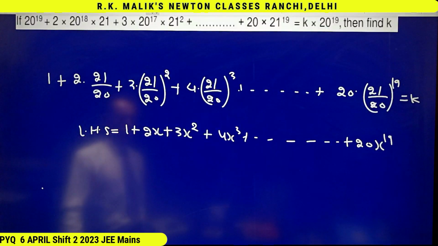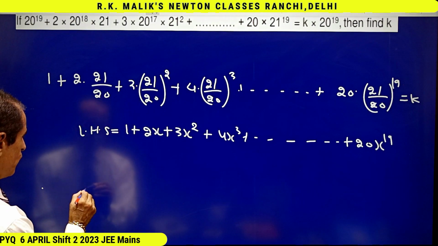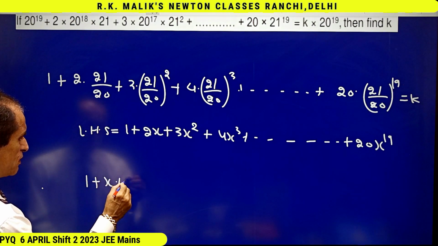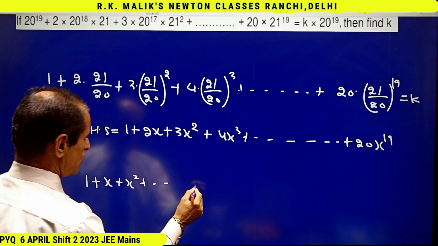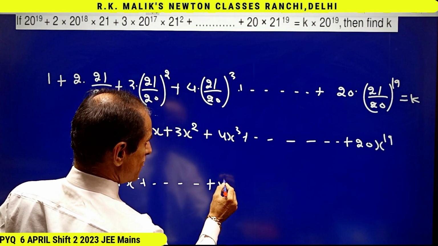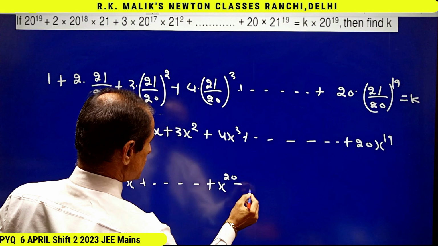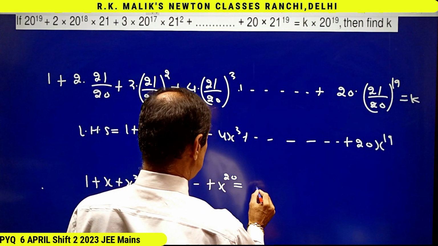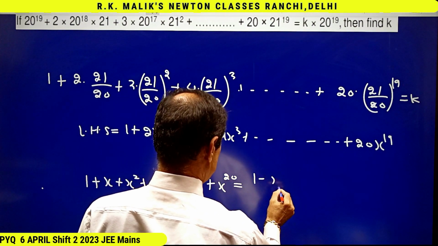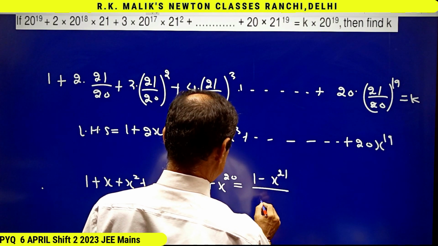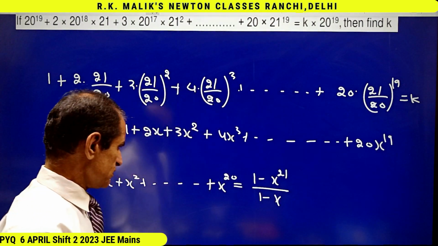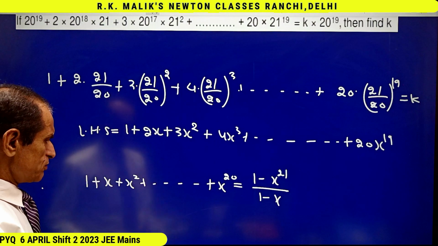And now the interesting part will come. It is clear that 1 + x + x² up to x^20 is equal to (1 − x^21)/(1 − x), because there are 21 terms.